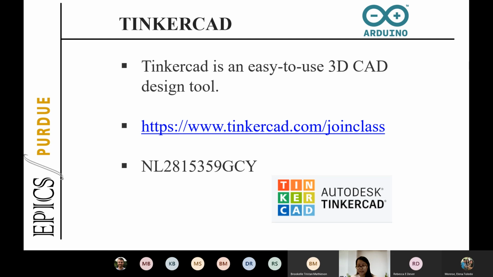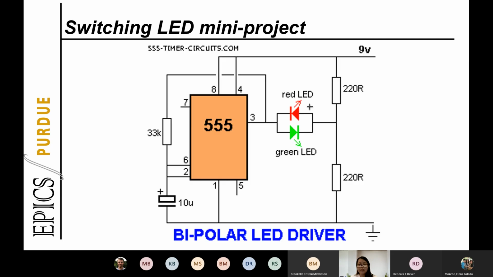But what are we going to be building? It's a switching LED mini project, and we will be using most of the elements that we discussed today. These 9 volts, it means the 9 volt battery. We will be using the timer, the 555 timer. Of course, these square or rectangular blocks are resistors.